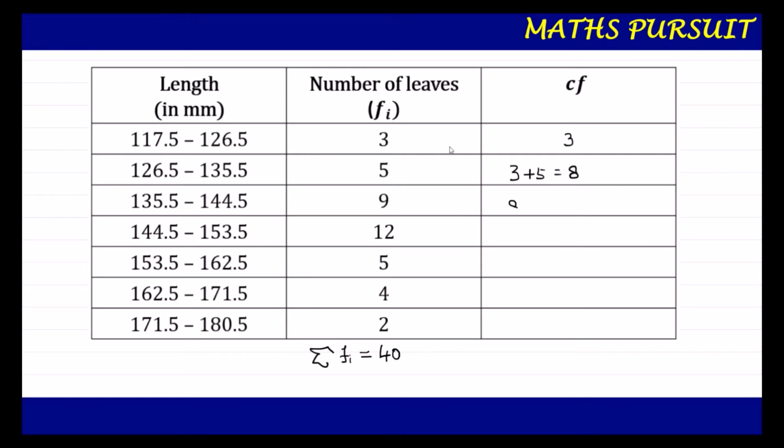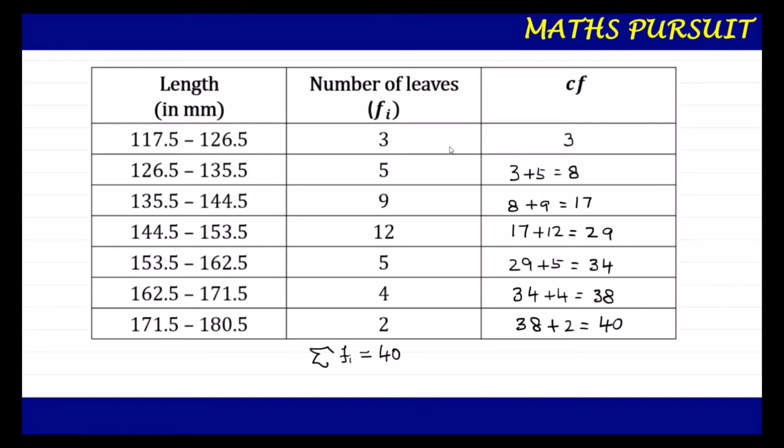Then I can write 8 plus 9, that is equal to 17. Then 17 plus 12, that is equal to 29. 29 plus 5, that is equal to 34, and then 34 plus 4, that is equal to 38, and then 38 plus 2, that is equal to 40.